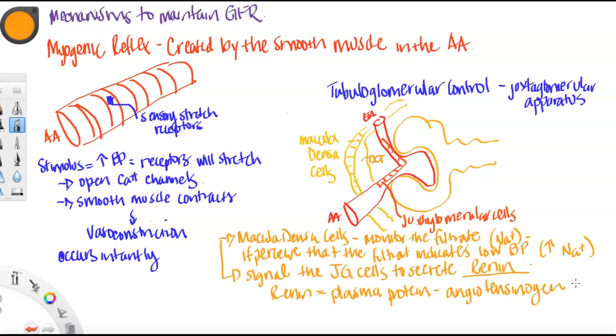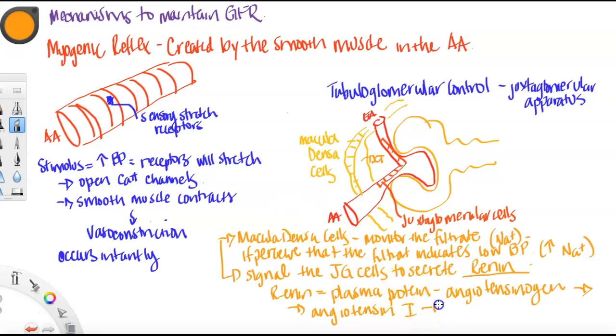So every time we've looked at anything called something-inogen, it's basically just a plasma protein that's not activated. So once renin gets into contact with angiotensinogen, that activates it. It turns it into angiotensin I. And angiotensin I itself doesn't have a lot of impact, okay?